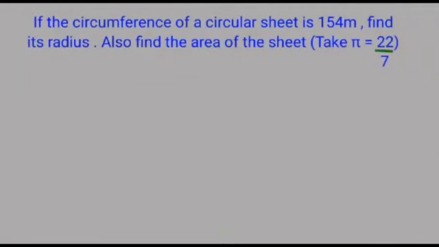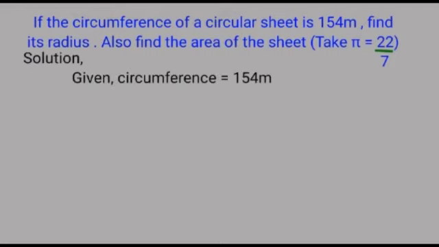Let us consider the next example. If the circumference of a circular sheet is 154 meter, find its radius. Also find the area of the sheet. Here take pi is equal to 22 by 7. We want to find out its radius and its area.